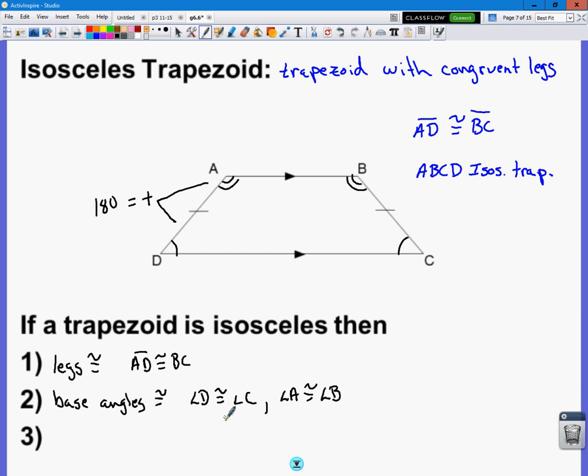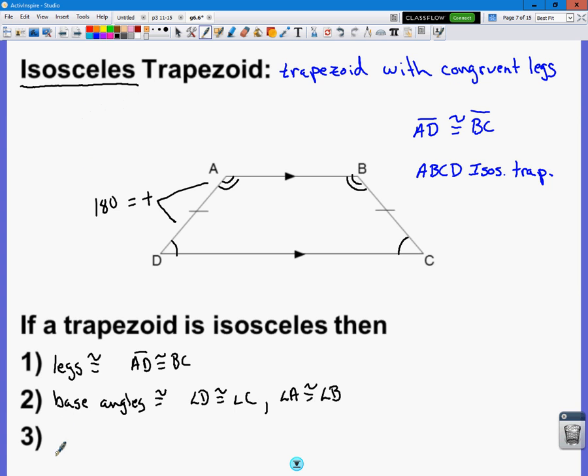If the trapezoid is not isosceles, I cannot make a relationship between angle D and angle C. This only works because it's what type of trapezoid? Isosceles. Just like the base angles of an isosceles triangle are congruent, the base angles of an isosceles trapezoid are also congruent.